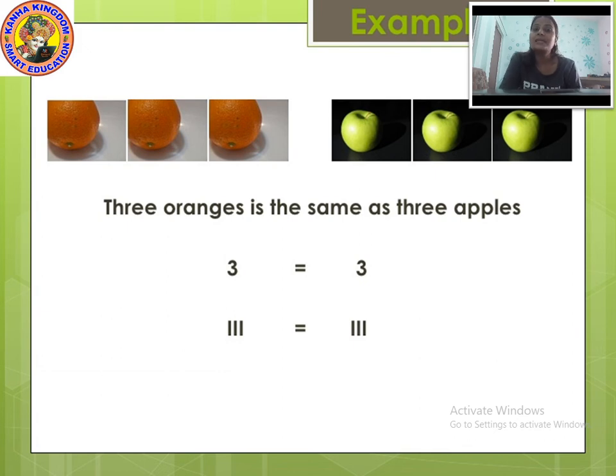Why? Because the number is the same. When we count the oranges, that is 3, and when we count the apples, that is also 3. That's why 3 oranges is the same as 3 apples. So 3 is equal to 3. 3 oranges and 3 apples are the same.